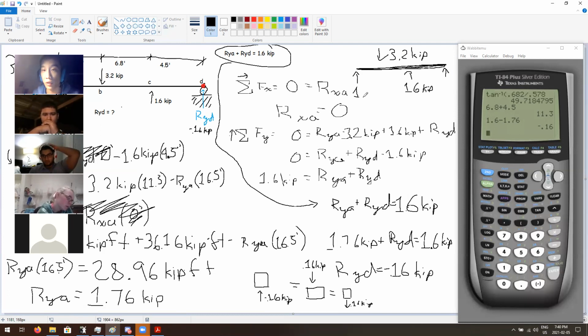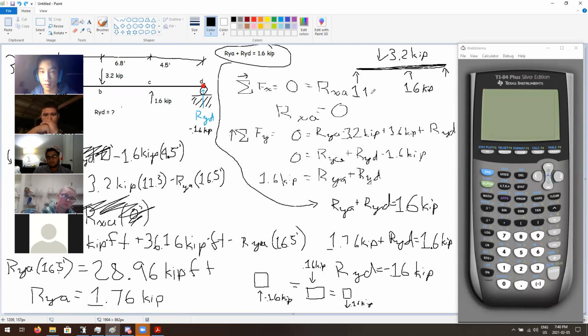So this can be 1.6 kip and this could be 0 kip. Or this could be 0.8 kip and this could be 0.8 kip as well. This could be 11.6 kip and this could be negative 10 kip. Point is, these have to add up to 3.2 kip.